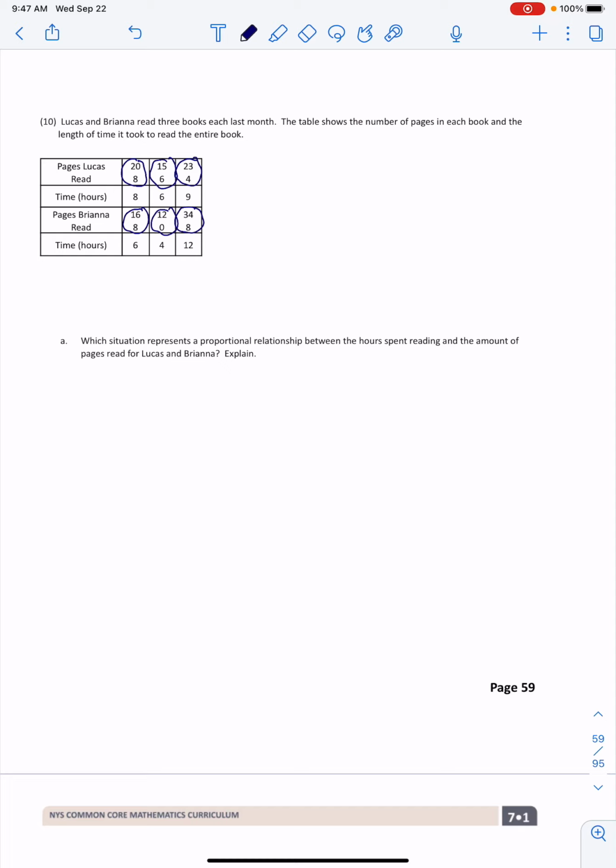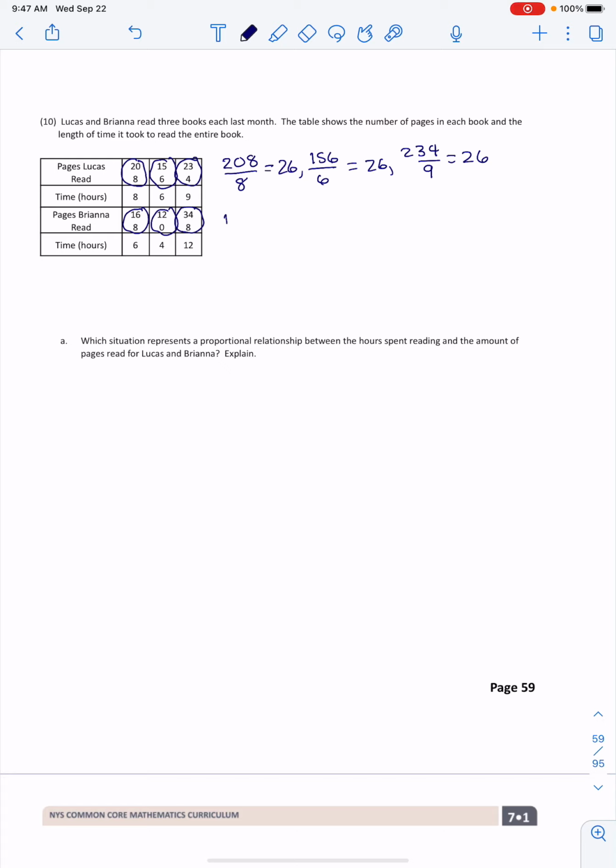So for Lucas, it's 208 divided by 8, and that was 26. Then we had 156 divided by 6, and that was 26. Then we had 234 divided by 9, and that was 26, and that was for Lucas.